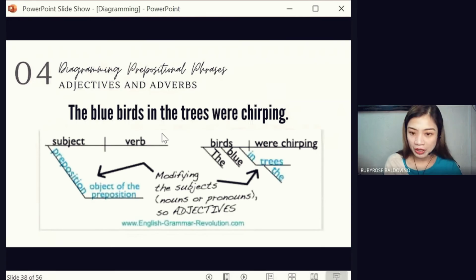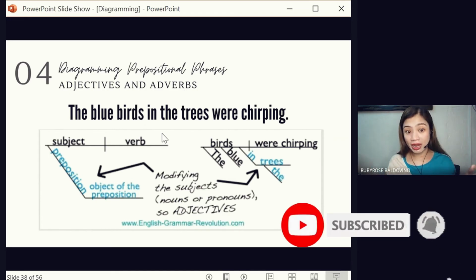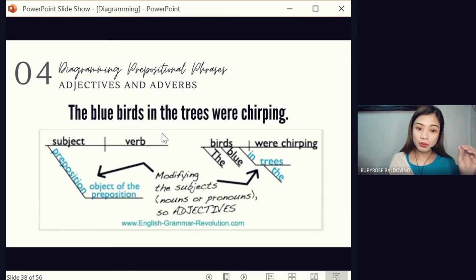For example, the bluebirds in the trees were chirping. So our basic diagram is that subject on the left, verb on the right, right? So our subject is birds and our verb is were chirping. The is an article, so we have to place it under the subject.